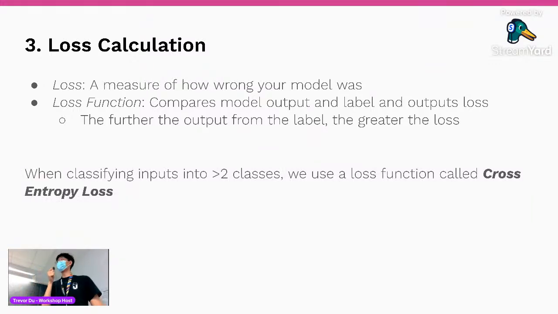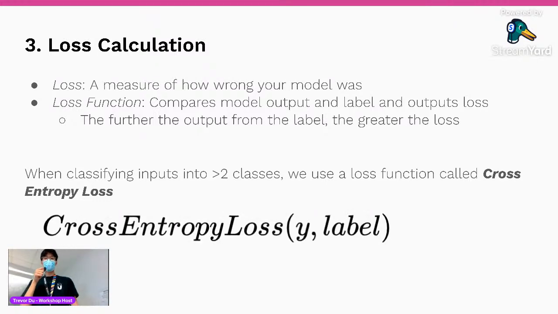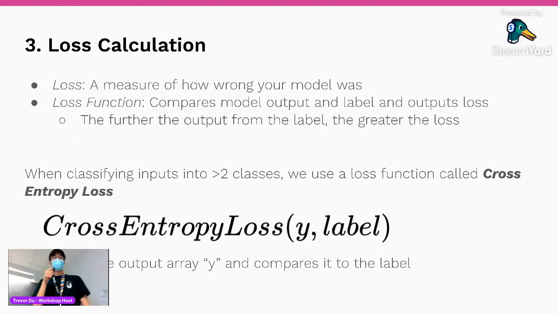So it's just a measure of wrongness. When doing multi-class classification, so classifying inputs into classes, we use a loss function called cross-entropy loss. And that is a mouthful. You don't have to worry about what it does. All you have to know is that it compares the output array y with the label, and then it spits out a loss value.